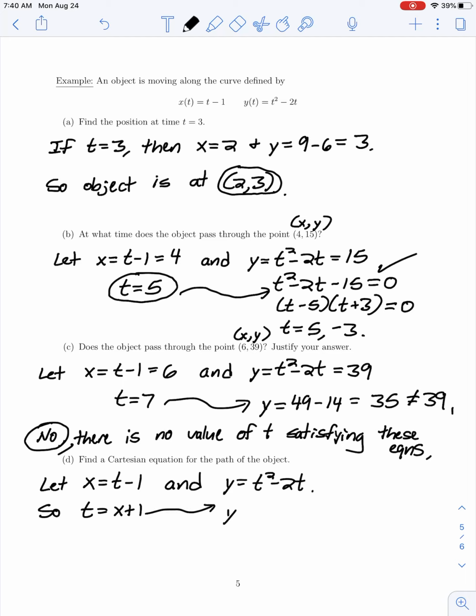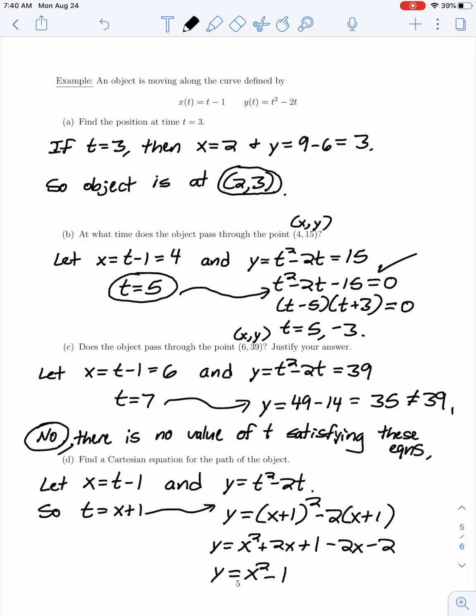And then substituting that expression into our equation for y, we have t squared, or x plus 1 squared, minus 2 times t, which was x plus 1. So simplifying a little bit, we have x squared plus 2x plus 1, and then minus 2x minus 2.